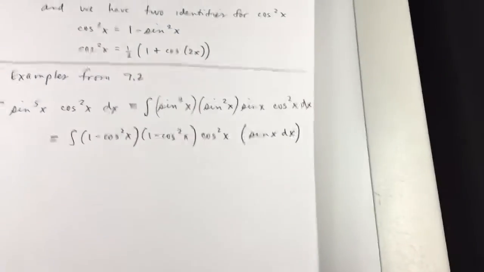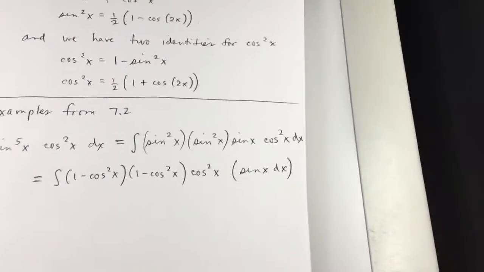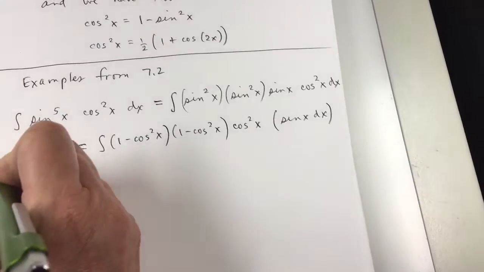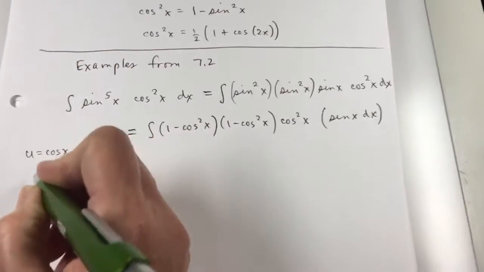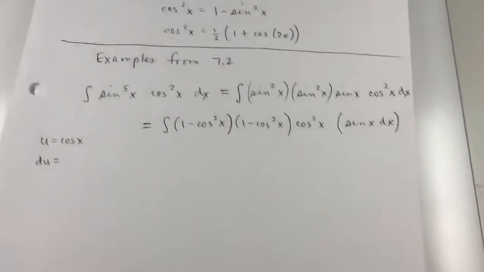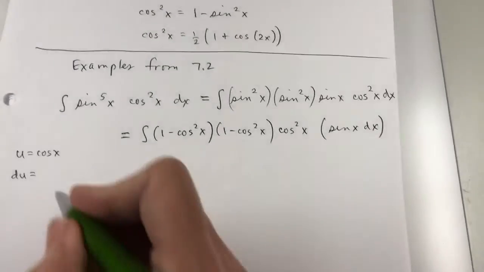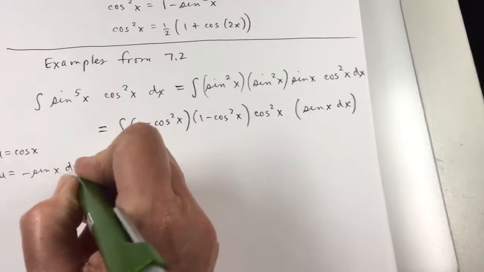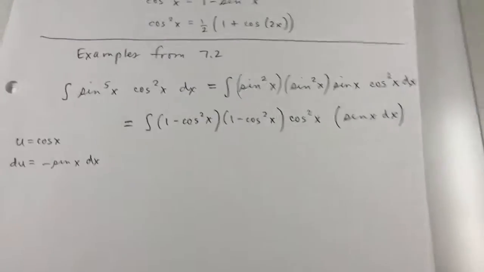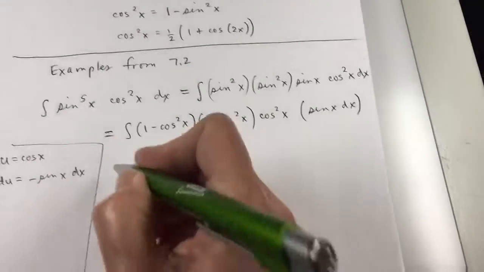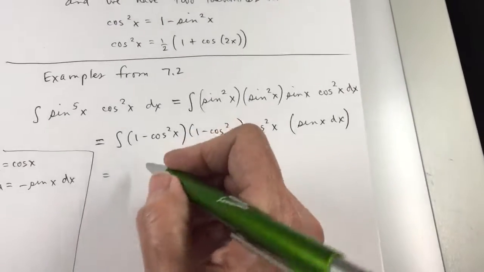I'm just going to do u substitution. U will be cosine x. The derivative of cosine is negative sine, so I have to deal with getting my negative in there. I'm going to put in the u right here.